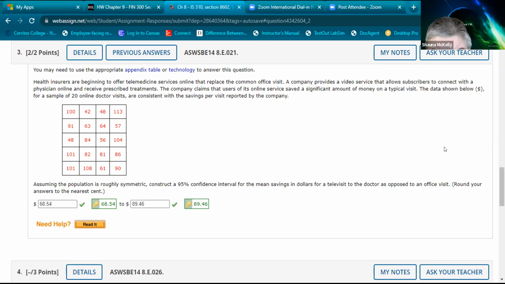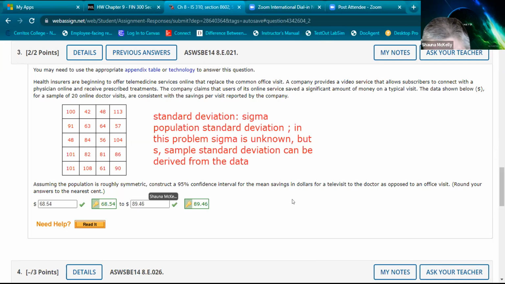That's why we give the calculator the data and it does the crunching for me. So I do know S, even if it's not shown here.